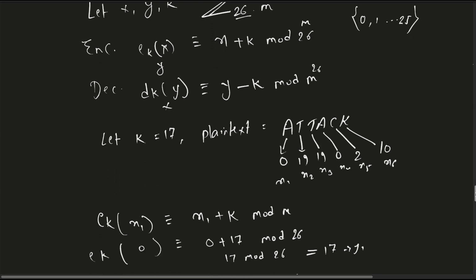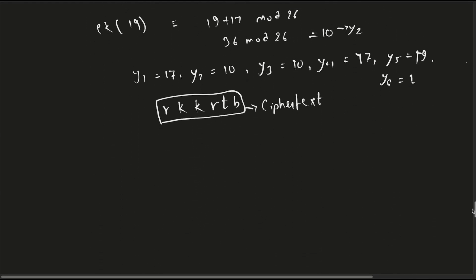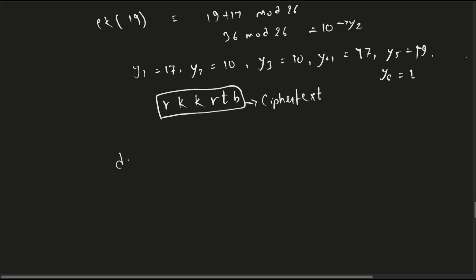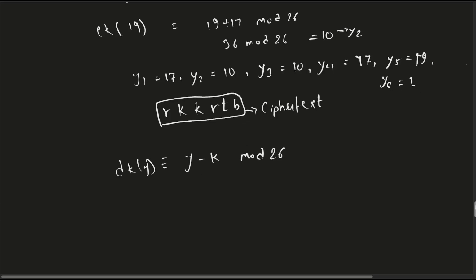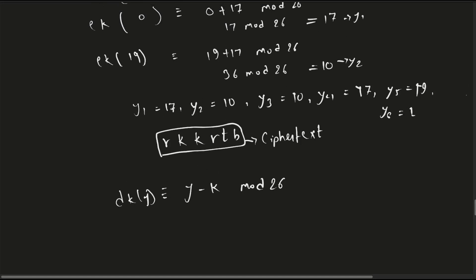Okay, just to demonstrate that, we have the formula of this decryption of y. Well, this would be y minus k mod 26. So my y1 in our case is 17, which means 17 minus k mod 26 would return me x1.